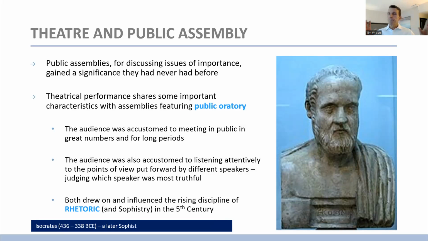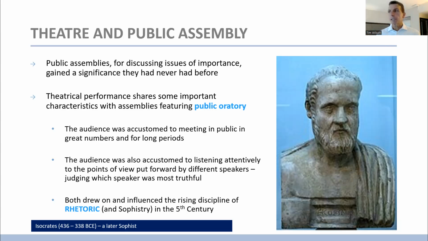And so both of these forms drew on and contributed to the rise of this relatively new discipline called rhetoric or sophistry in the 5th century.